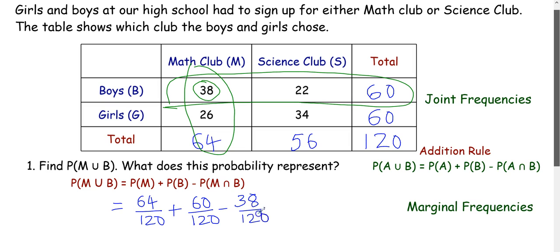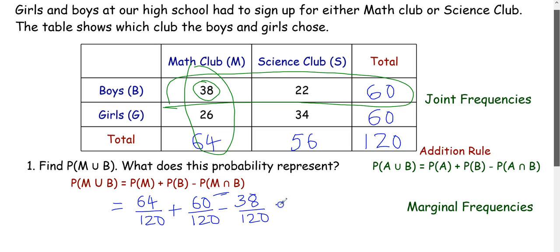These are the individual probabilities. Once again, P of M is 64 over 120, plus B, that is 60 over 120, minus the common between math and B, which is 38 over 120.